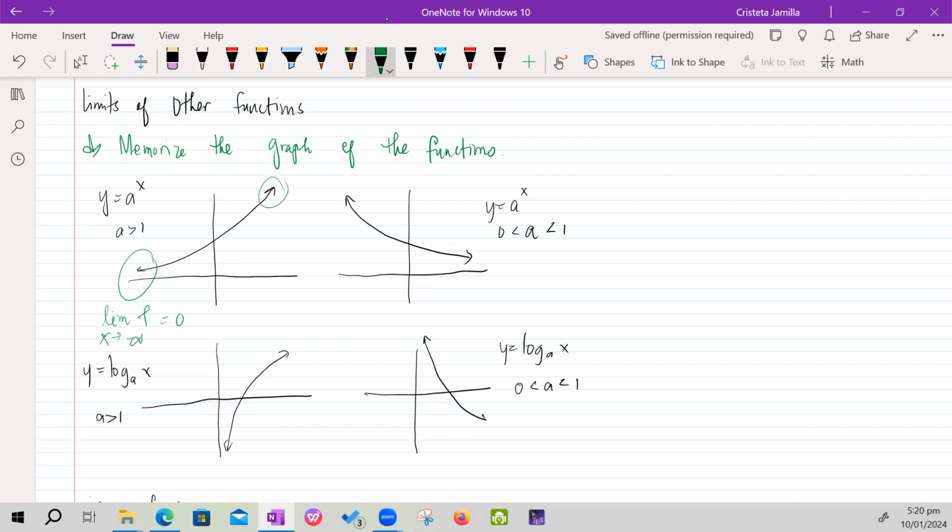Similarly, as x goes to infinity, our graph increases and goes to positive infinity, and therefore the limit of f as x goes to positive infinity is equal to infinity.